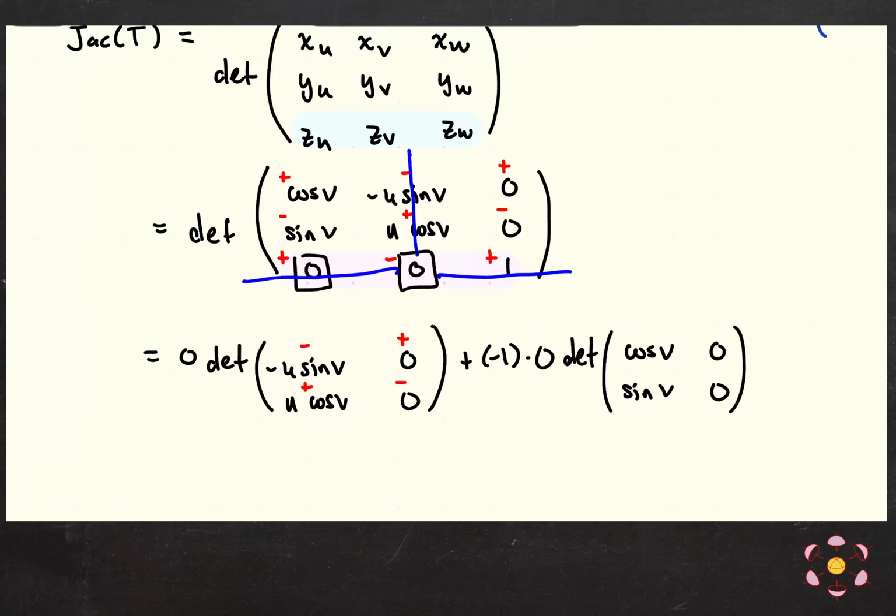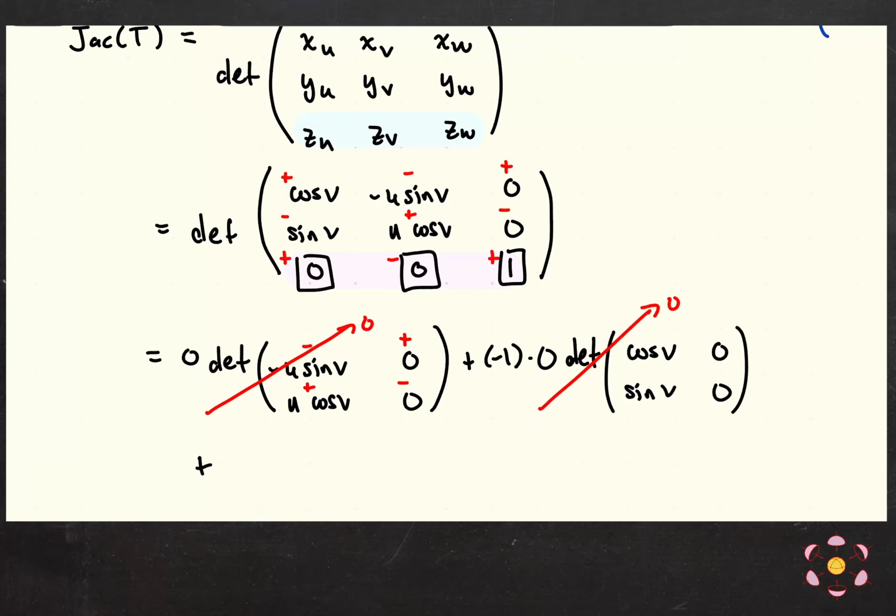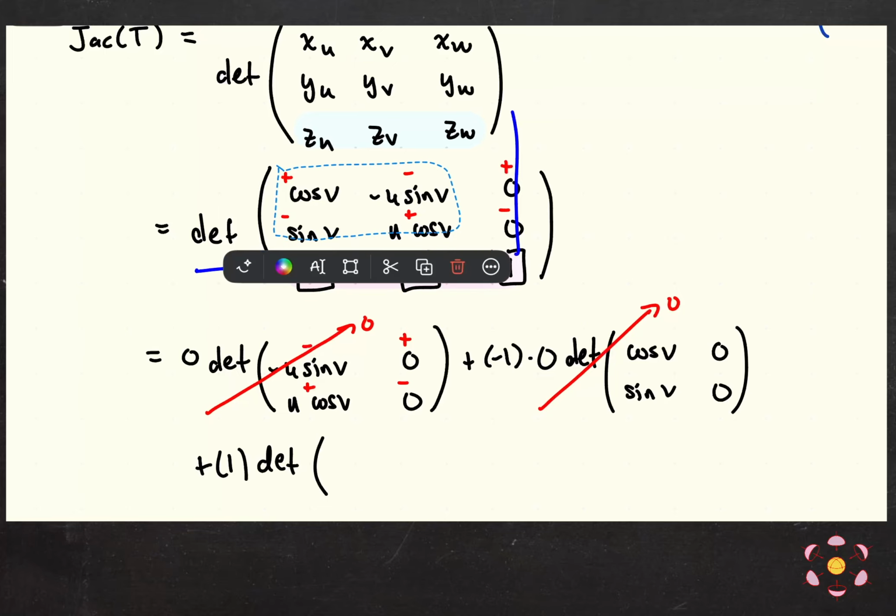Then the last calculation here. Both of these are just going to be 0 because I got the 0 in front, so let me just wipe them out. But the last one has a plus 1, so we'll do plus 1 times the determinant of, okay, cross these out, grab this 2 by 2 matrix.